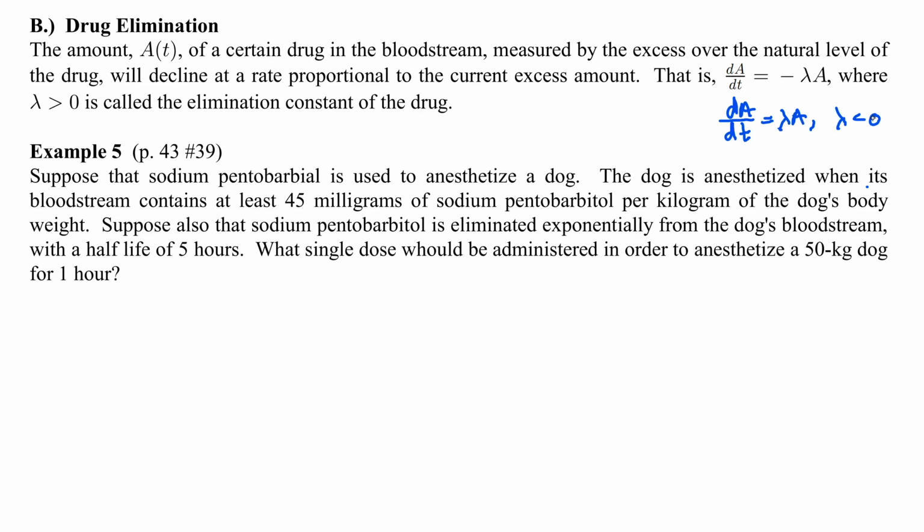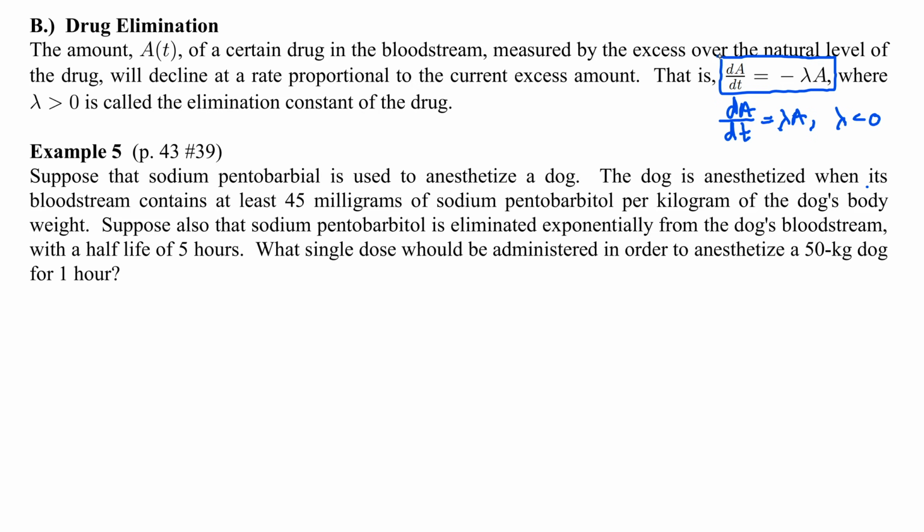So we're just ensuring, either way you look at it, that that coefficient is negative. So the amount of drug in the bloodstream is decreasing when you have a negative coefficient. So this is the exact same differential equation that we studied in general. It can be solved by separation of variables, and we can make an assumption then about the nature of its solution. Let's look at example 5.